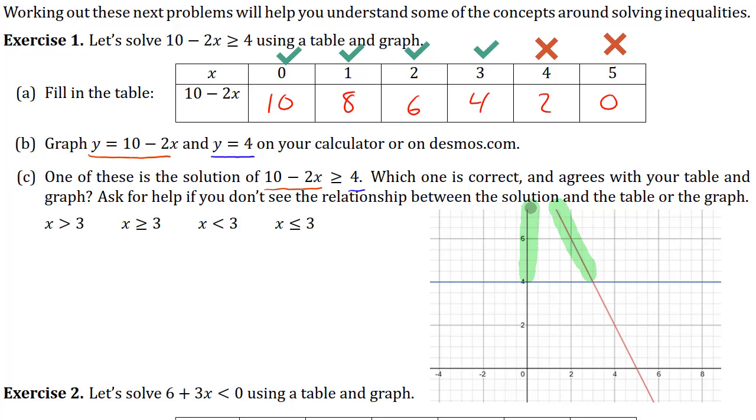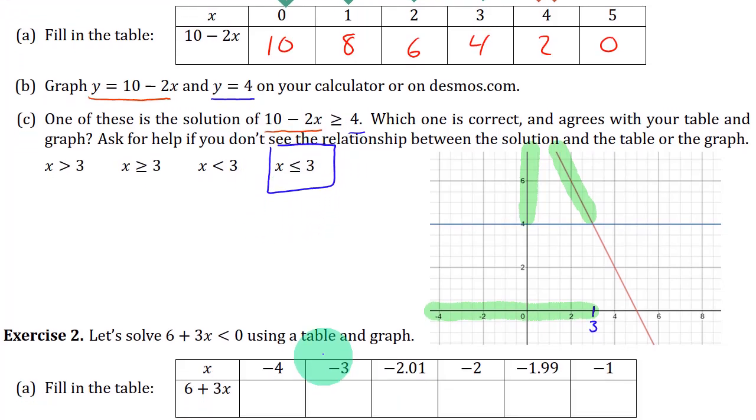And that corresponds to this point here, where x is 3. So the values of x that make the red one greater than the blue one are where x is less than or equal to 3.